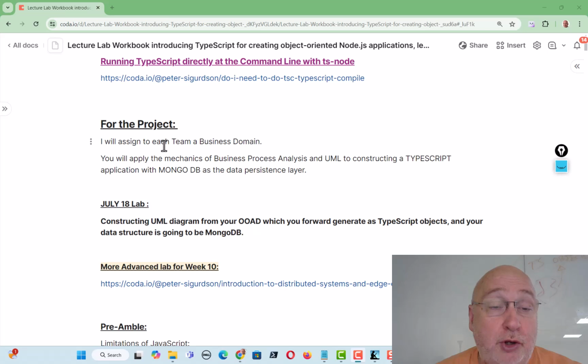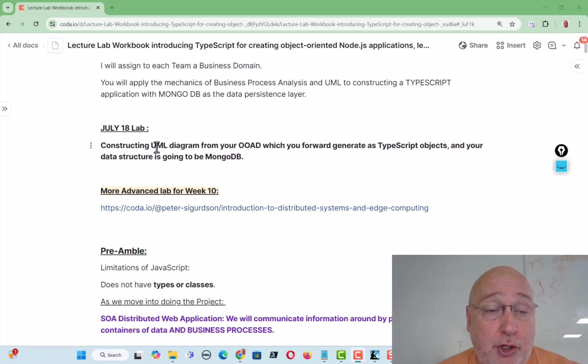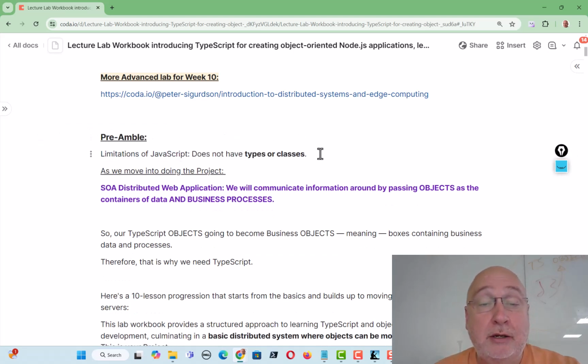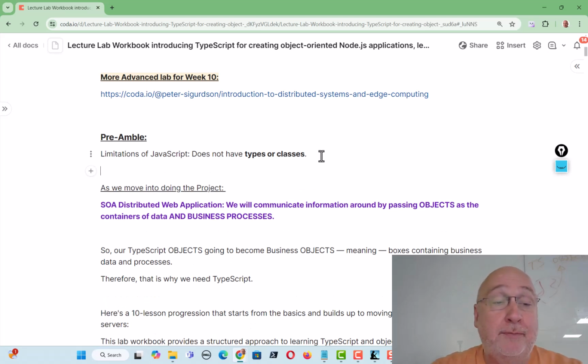So for the project, yeah, we've already said what's going on with the project. We've talked about our lab next week for applying your OOAD skills. So we talked about the limitations of JavaScript: it does not have types or classes. Therefore, we cannot do UML modeling.